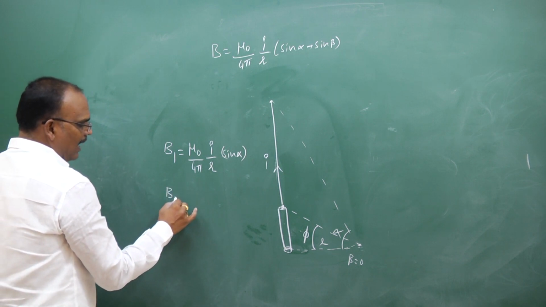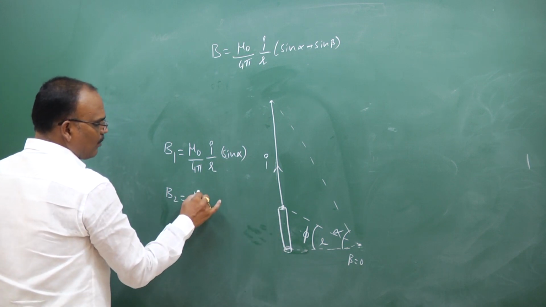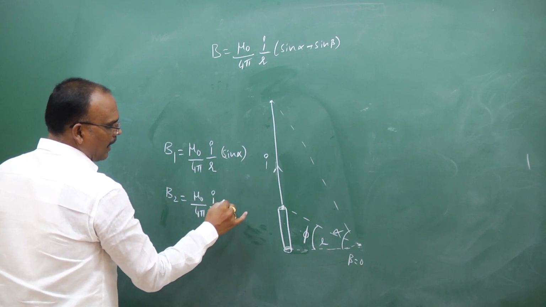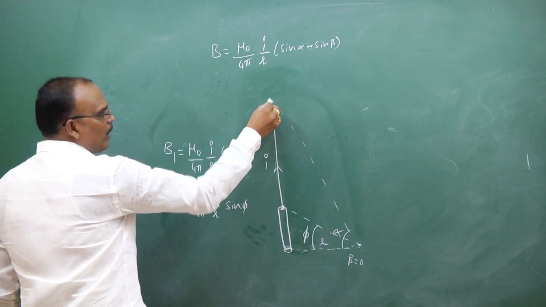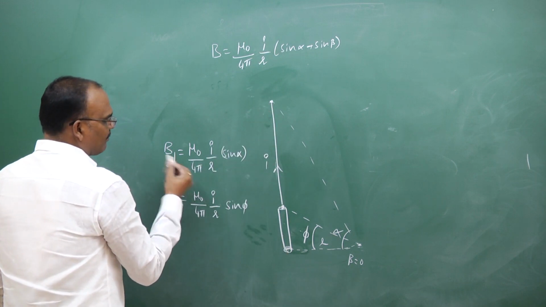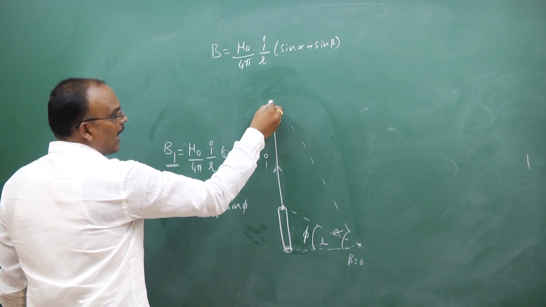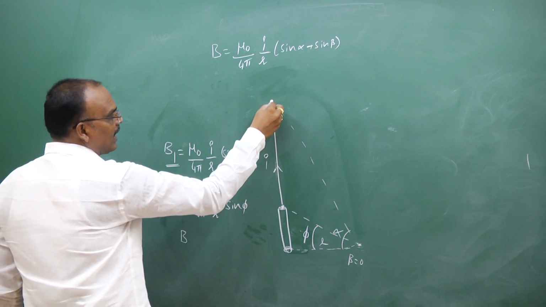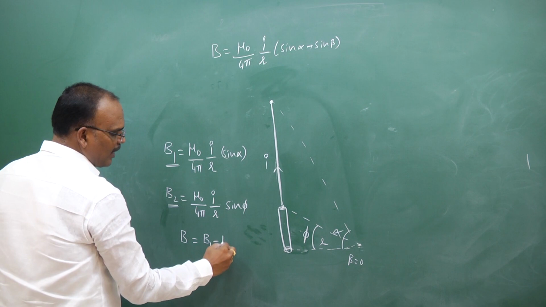Then the magnetic field due to only this portion of the conductor is mu naught by 4 pi into I by R into sine phi. Here to here the magnetic field is B1, here to here it is B2. I want to calculate from here to here. That means the net magnetic field due to this conductor can be written as B1 minus B2.